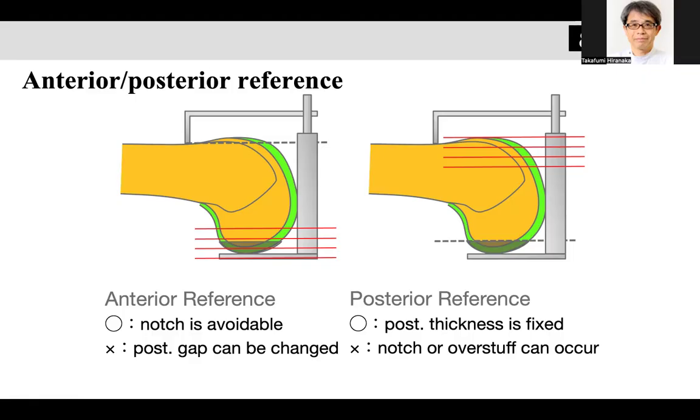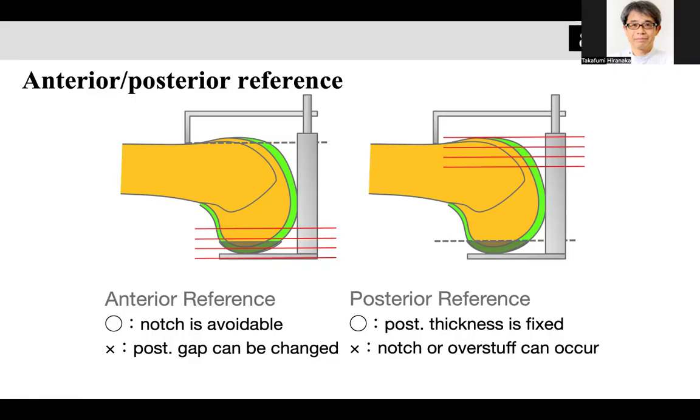One is the anterior reference or anterior down technique, where the anterior cutting surface is constant. The anterior cutting surface is the same as the tip of the stylus, in every component size.